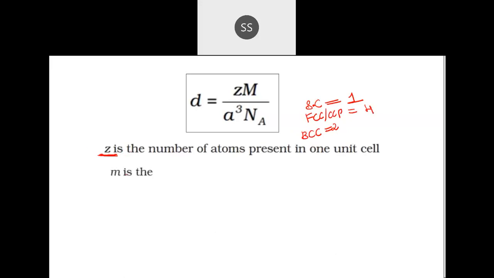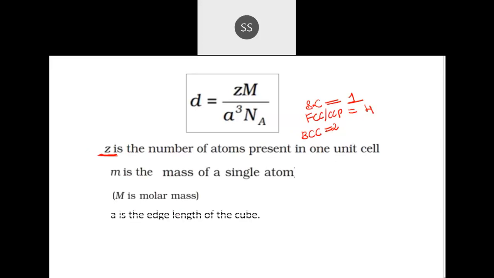Small m stands for the mass of a single atom, and capital M stands for the molar mass. Then we have A. A is the edge length of the cube, the side of the cube. And Na is Avogadro's number. So I told you what type of question they are going to ask: the density problem they will ask you, or they may ask you to write this formula explaining each and every term.